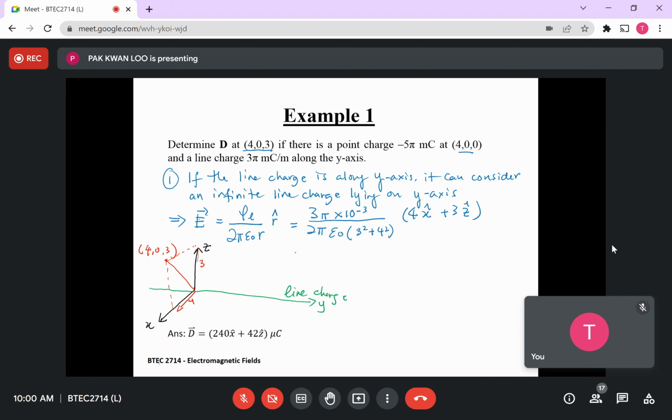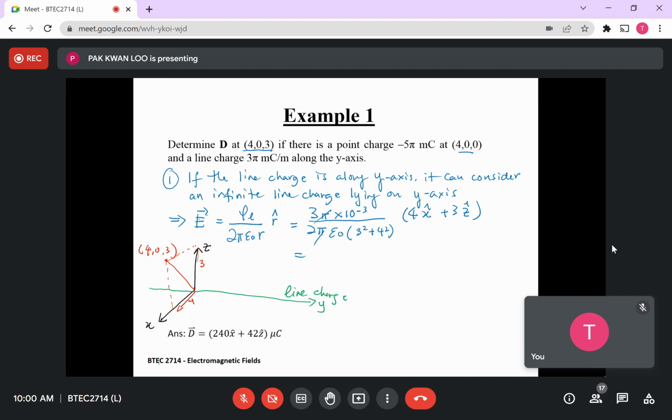So this is equal to, then pi and pi cancel. So we have 1.5 times 4 and 1.5 times 3 divided by 25, right?